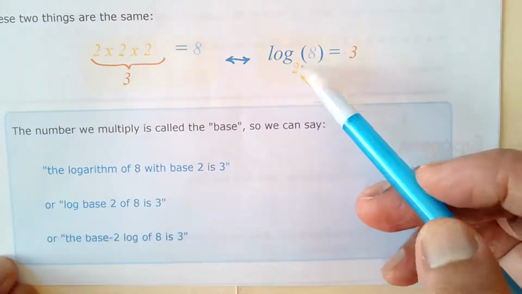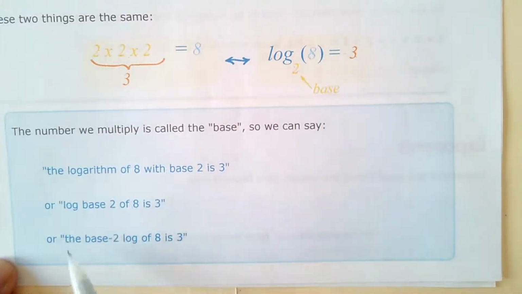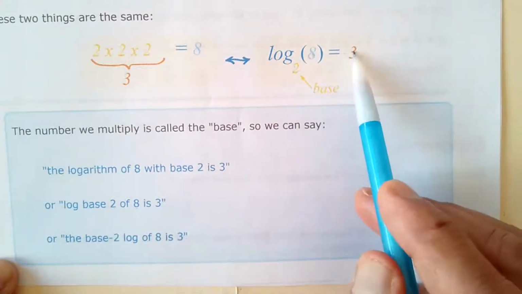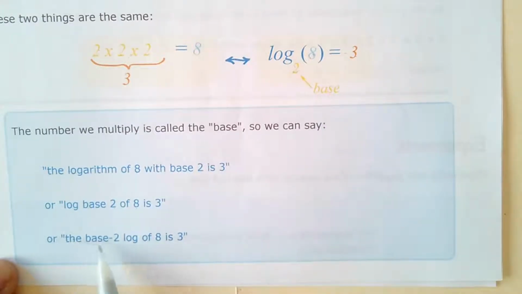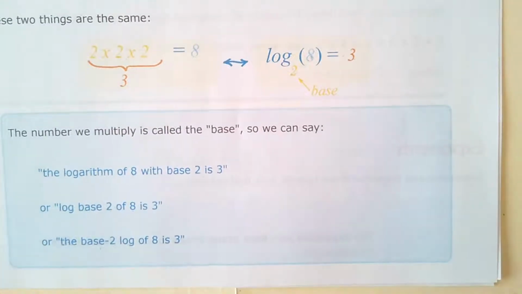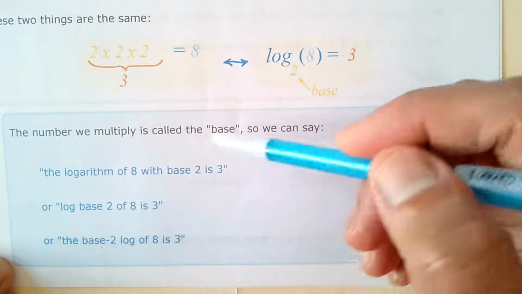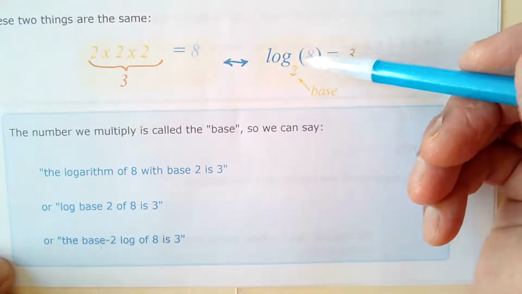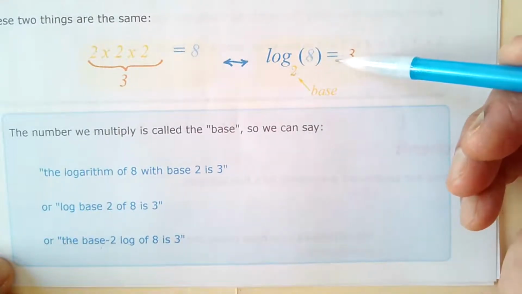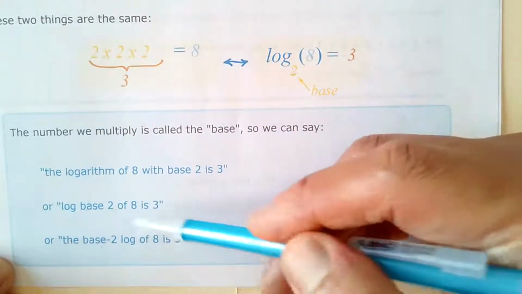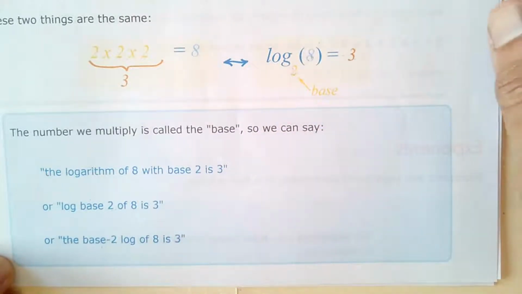So log of 8 to the base 2 is 3, or log base 2 of 8 is 3, or the base 2 log of 8 is 3. Either one of these three ways we could name it. I'll be using them interchangeably.